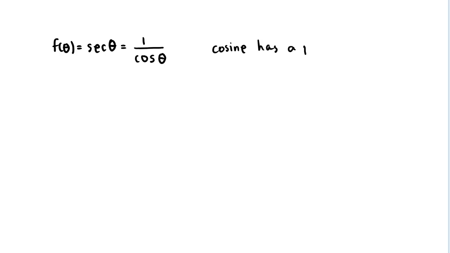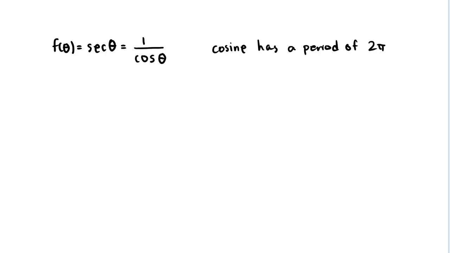Okay, so next up I want to talk about our secant of theta function. F of theta is equal to secant of theta. And recall that secant of theta is the reciprocal trigonometric function to our cosine function, 1 over cosine of theta. And so cosine of theta has a period of 2 pi. And so secant of theta is going to have that same period as well, right?